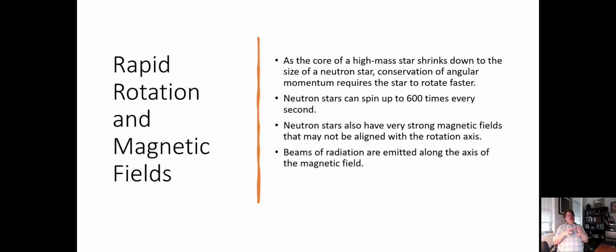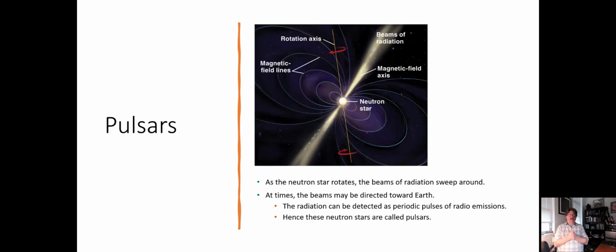Now, if the neutron star is oriented in a certain way, those jets will actually be pointed at us. And we refer to these objects as pulsars. As I like to say, all pulsars are neutron stars, but not all neutron stars are pulsars.